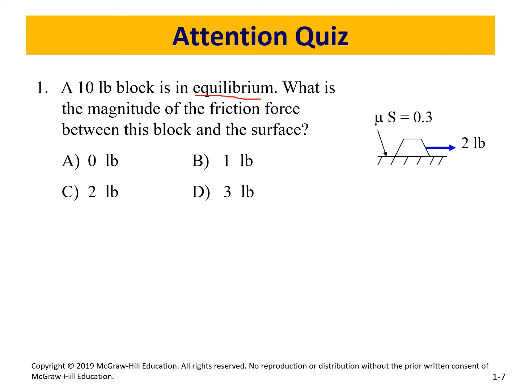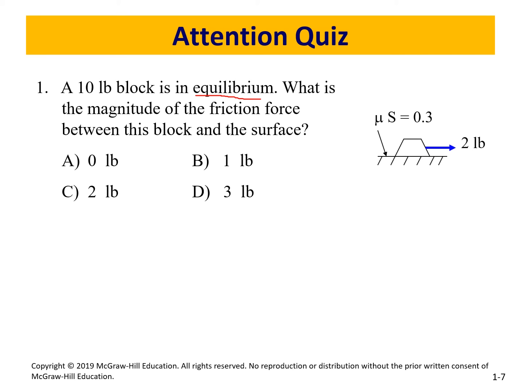What is the magnitude of the friction force between this block and the surface? The block is experiencing a 2-pound force to the right. We have the static friction coefficient, and can you think of what the magnitude of the friction force is between the block and the surface? You can pause the video for a bit and see if you can get the correct answer.